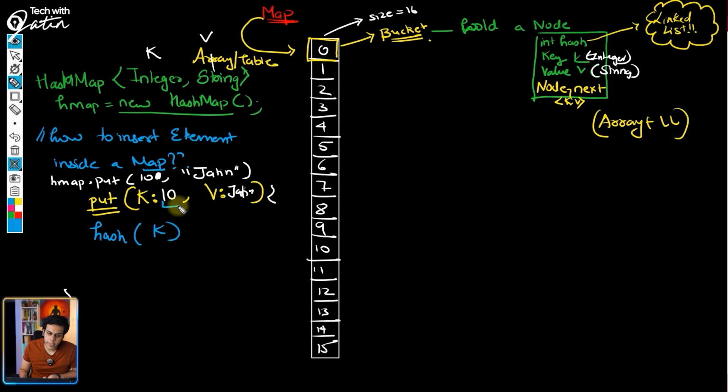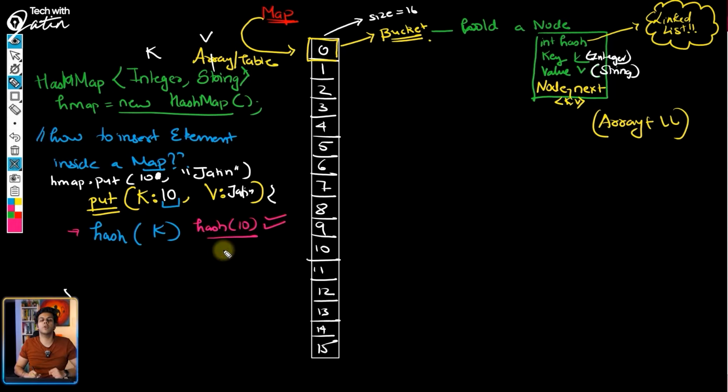Now, if you look carefully, 10 is a number. So if I am going to calculate the hash of 10, what is the hash code of an Integer object 10? The value itself, 10.